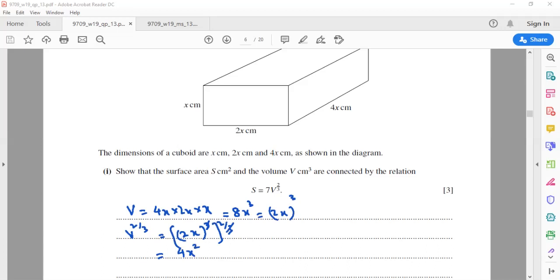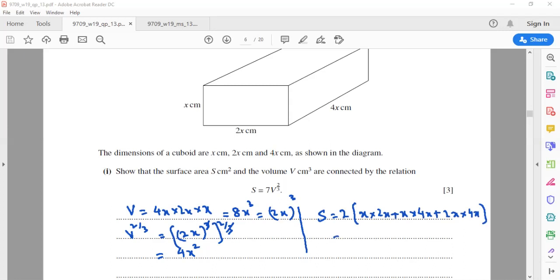Now let's go to the surface area here. Surface area, we know, is 2 times length into width, width into height, and length into height. So 2 times x into 2x plus x into 4x plus 2x into 4x.